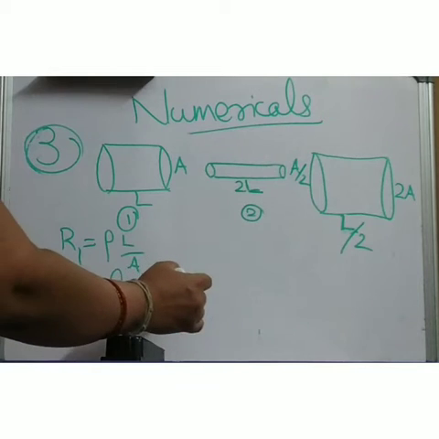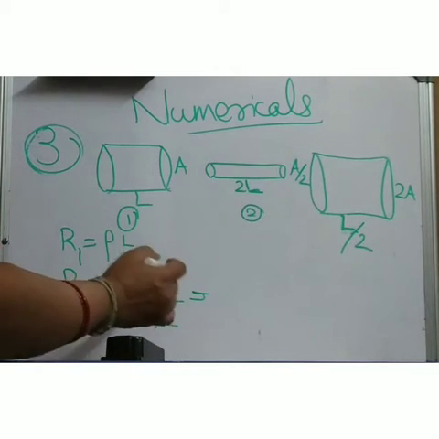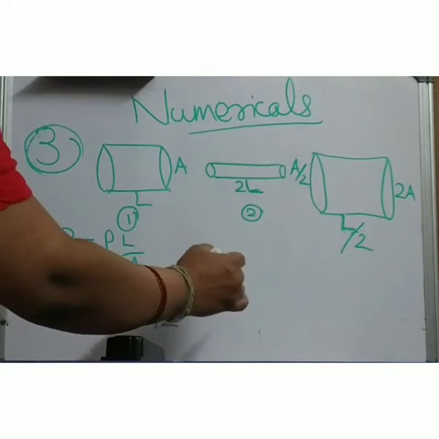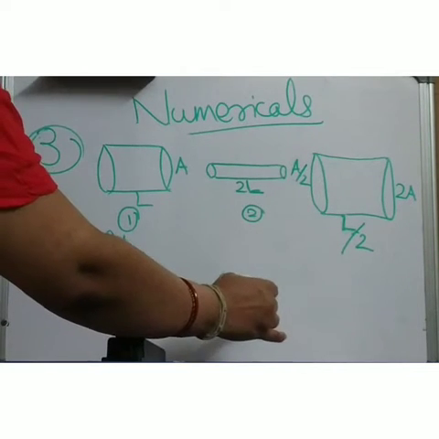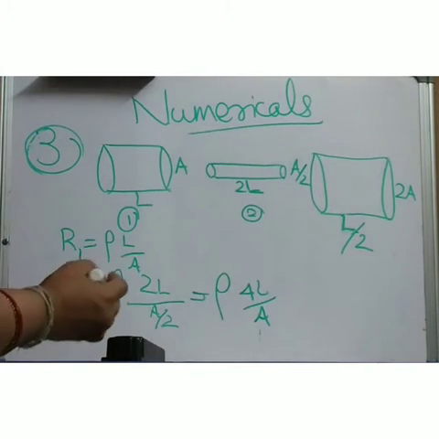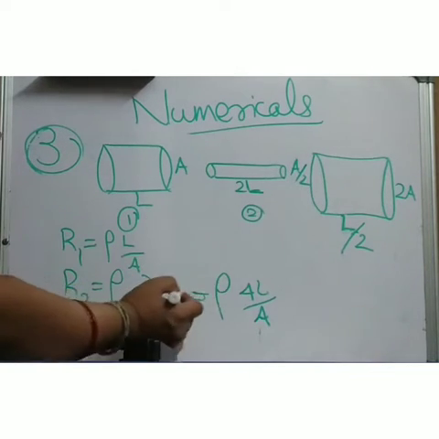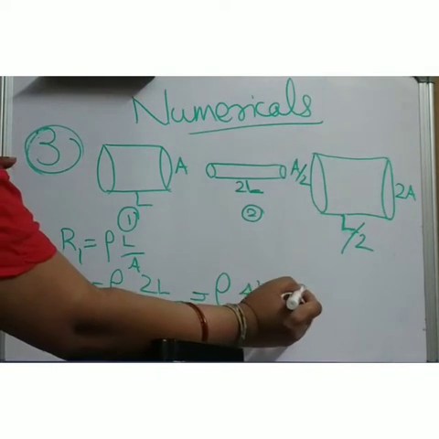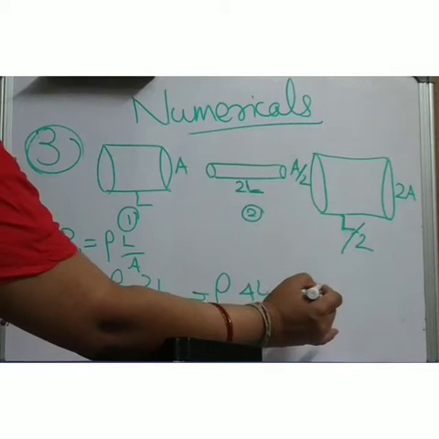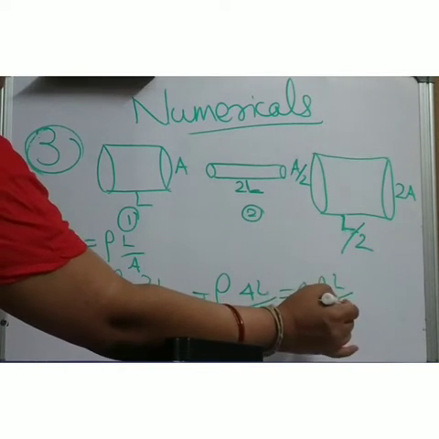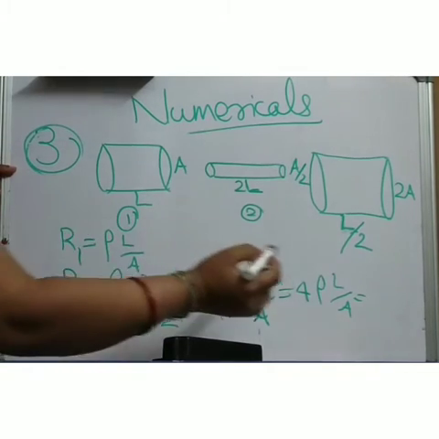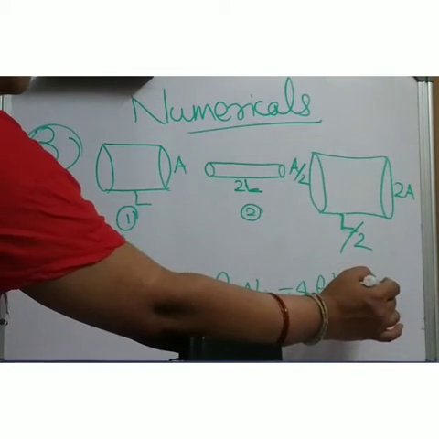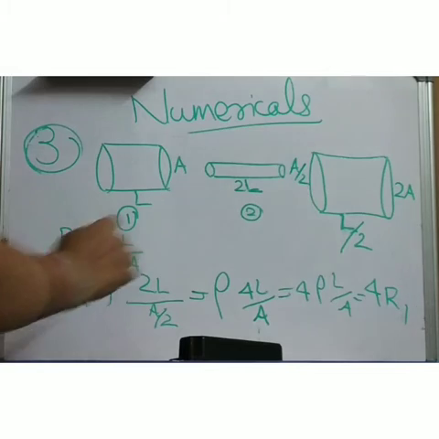So solve it. This 2 will go up, and you will get rho 4L by A. So you can write this as 4 times rho L by A. And what is this rho L by A? This is your R1. So we can write 4 R1.